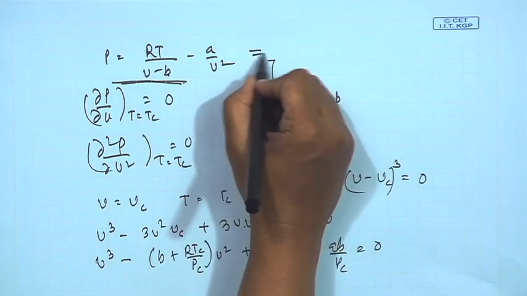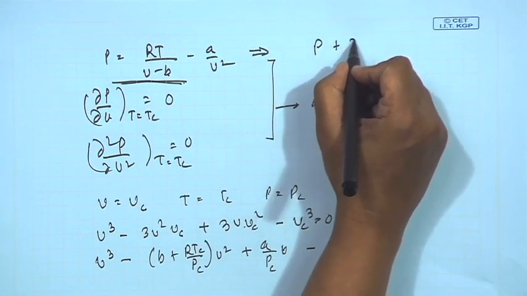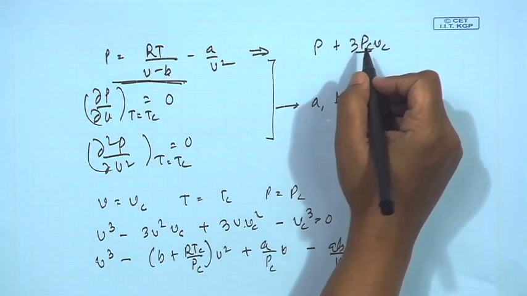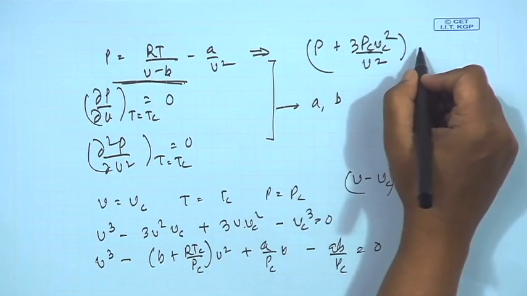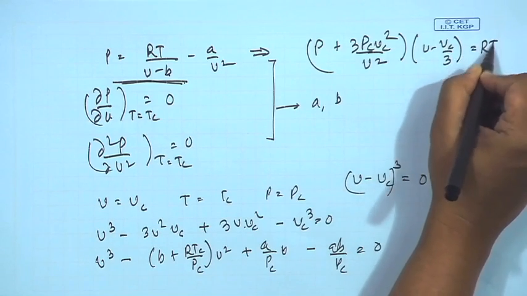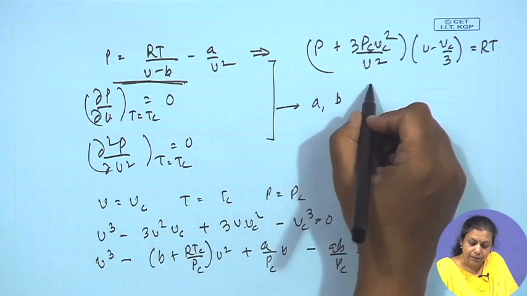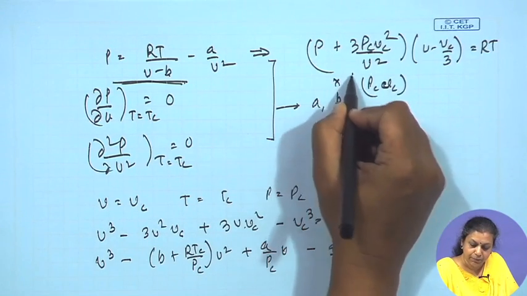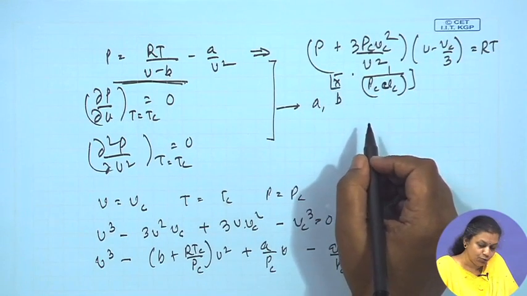For the first equation, substituting A and B, we get P plus 3PcVc square by V square into V minus Vc by 3. This is nothing but equal to RT. Agreed. Now, suppose I divide both the sides by PcVc, or I multiply with 1 by PcVc. Suppose I do this, then what do I get?